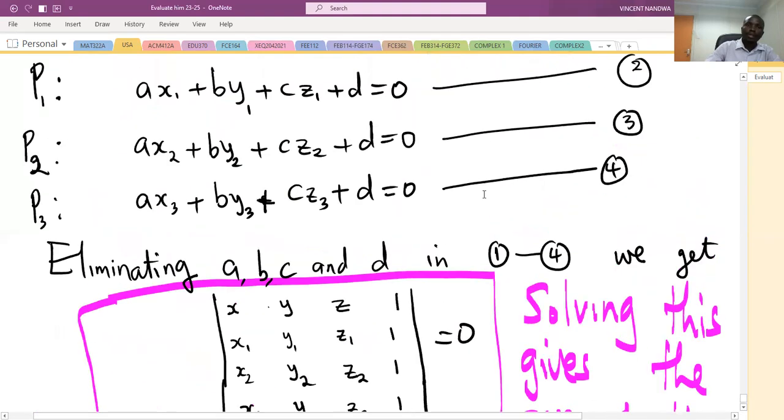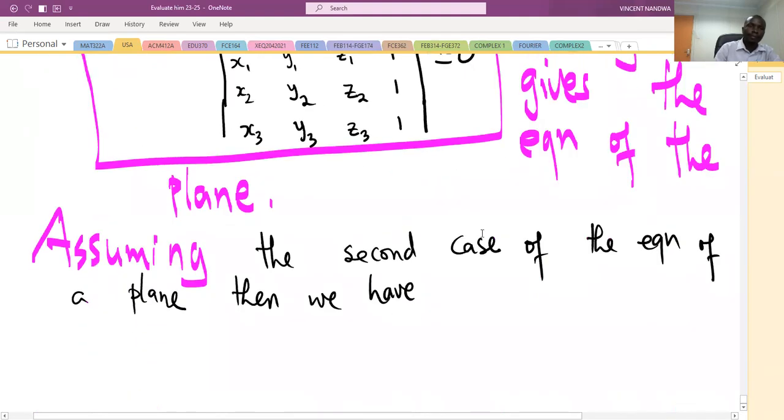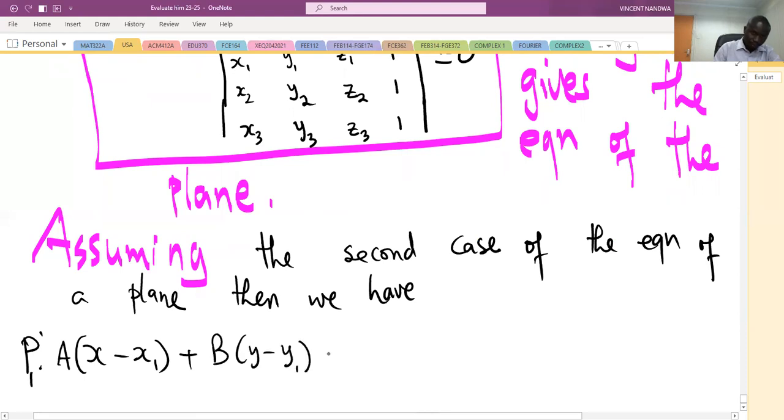The equation of the plane through P1 will be given by A(x minus x1) plus B(y minus y1) plus C(z minus z1) equals 0.